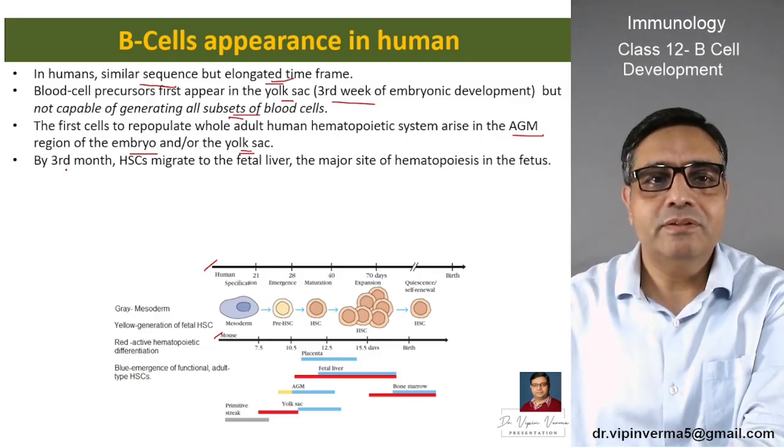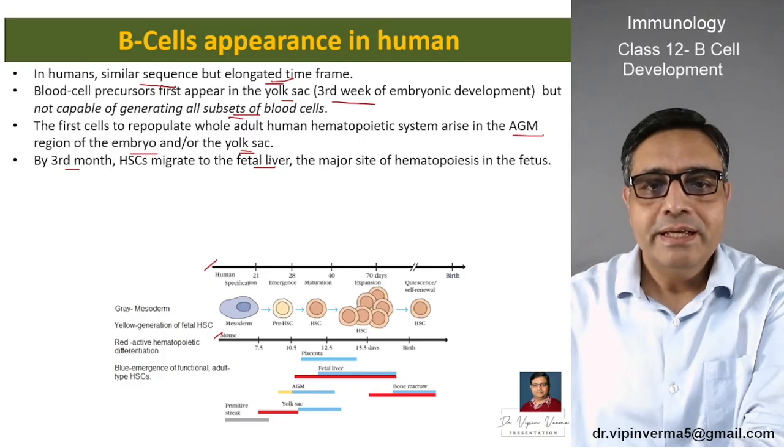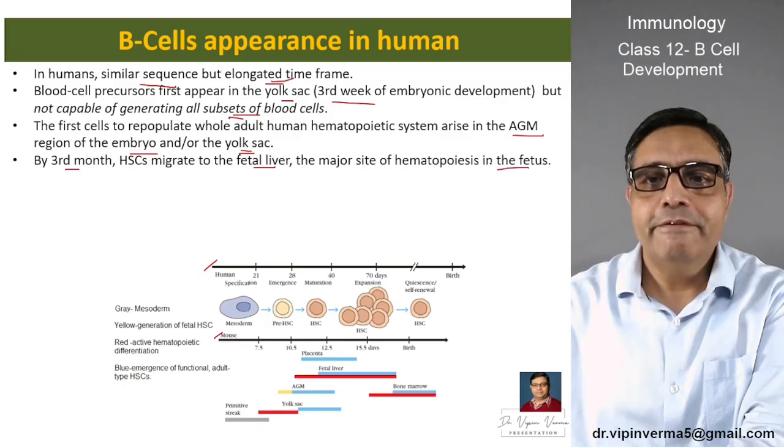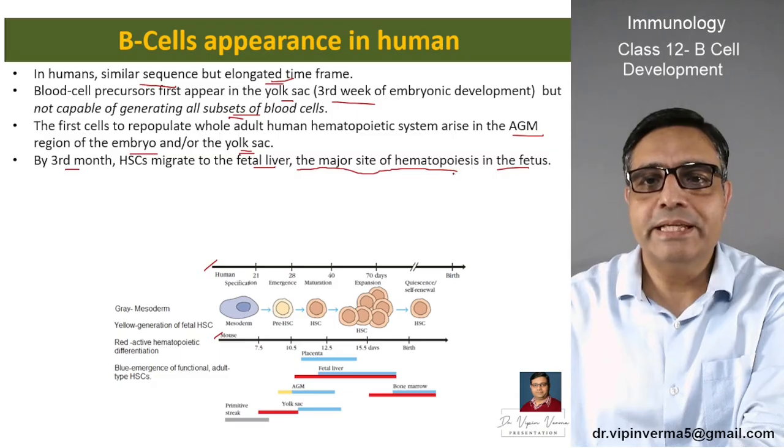By the third month of pregnancy, hematopoietic stem cells migrate to the fetal liver. Okay, they migrate to the fetal liver, and it is the major site of hematopoiesis in the fetus. So remember that the major site of hematopoiesis in humans during the fetus stage is the liver.